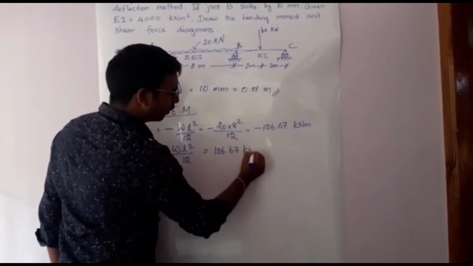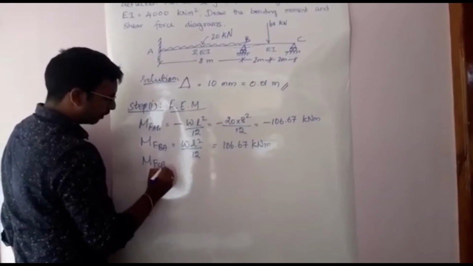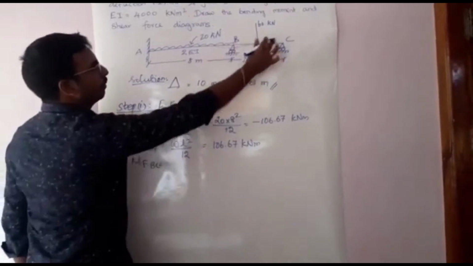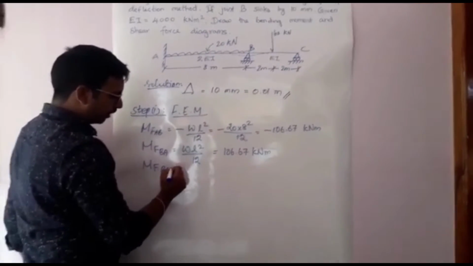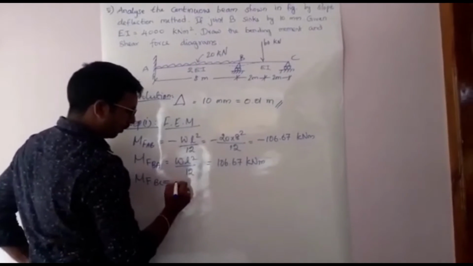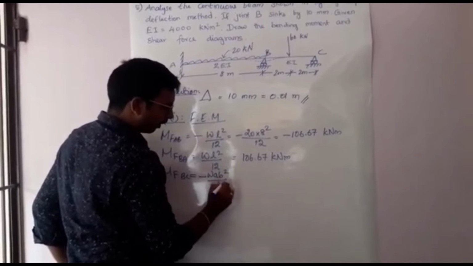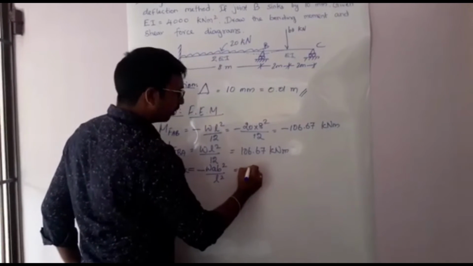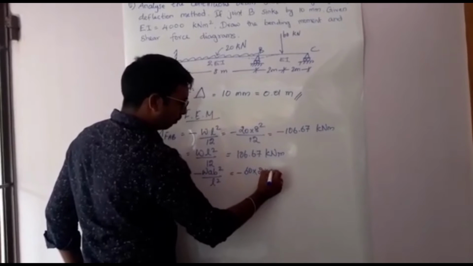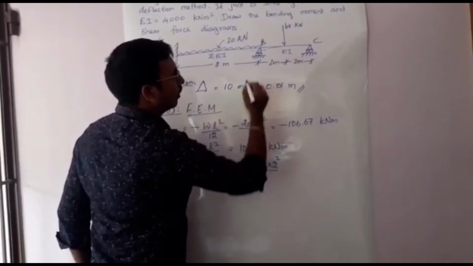Then for BC, which has a point load at the center, M of BC is minus W a b square by L square, which is minus 60 into 2 into 2 square divided by 4 square.